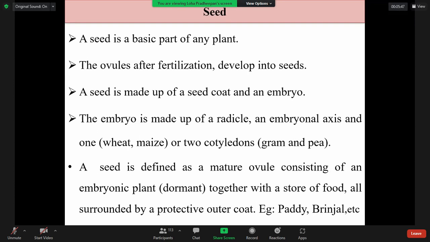Before we go deeply into seed germination and all the things, first we have to know what is seed and what are the important parts in the seed. Overall, we can say seed is the mature ovule consisting of an embryonic plant as well as food reserve that is surrounded by the protective outer coat. We call that the seed coat.